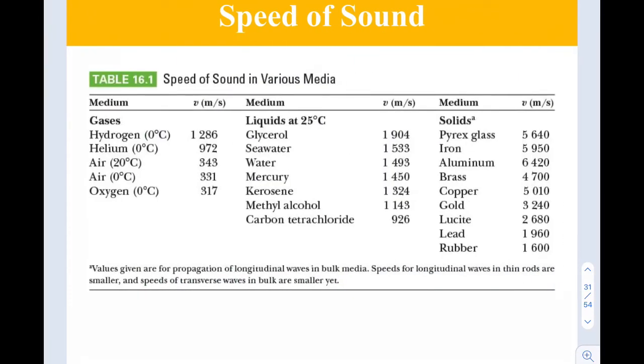So if we refer to this table, speed of sound in various media, for example, this section is for gases, this is for liquid, and here for solid. Actually, sound travels through all these media. However, the one that is really useful and understandable by us as humans is within the gases.